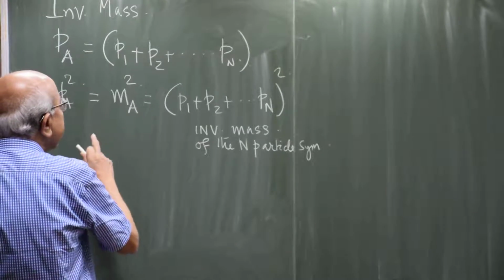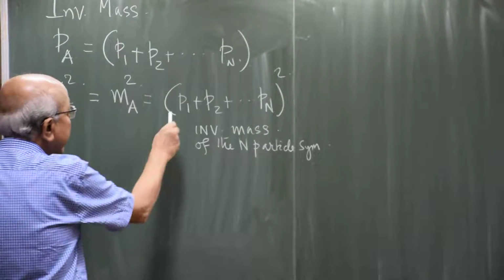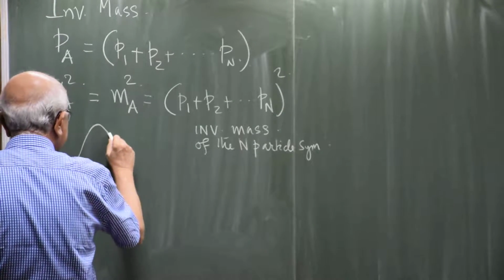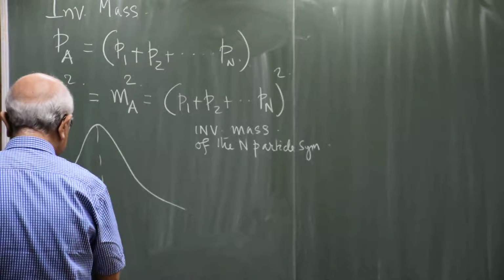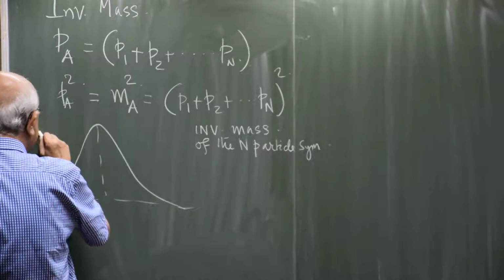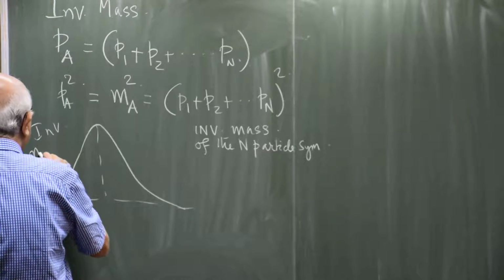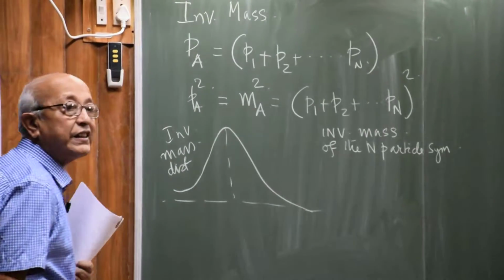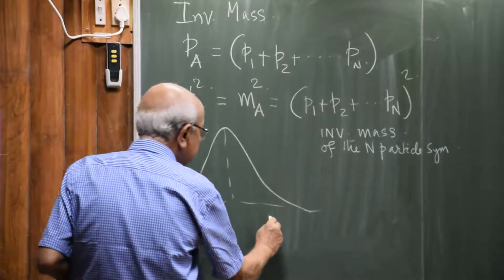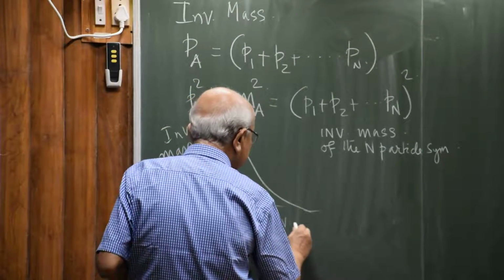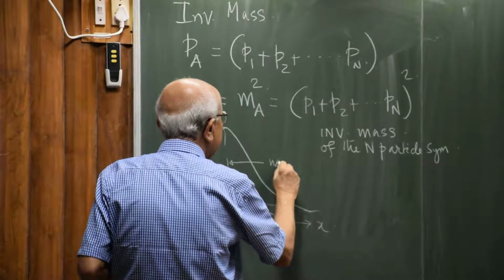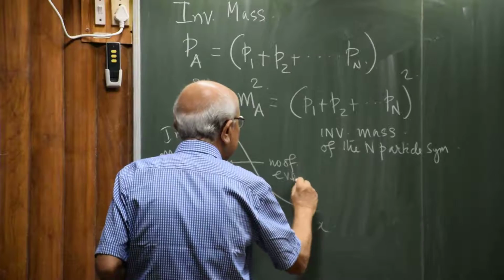The second thing is, in actual practice, however, the square of this quantity will not be constant. Instead, we will see a distribution like this. So this is the invariant mass distribution. I am plotting the invariant mass along the x-axis, and the y-axis is the number of events.